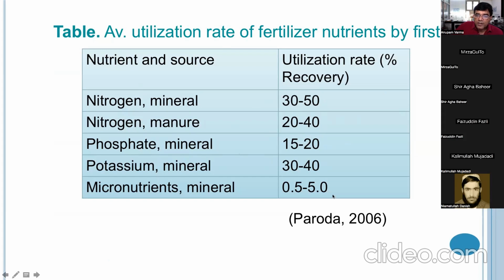For micronutrients, it is very low, 0.5 to 5%. So overall, nutrient use efficiency is really very low for different nutrients. So definitely there is loss of the nutrients from the soil, and farmers need to pay more money.